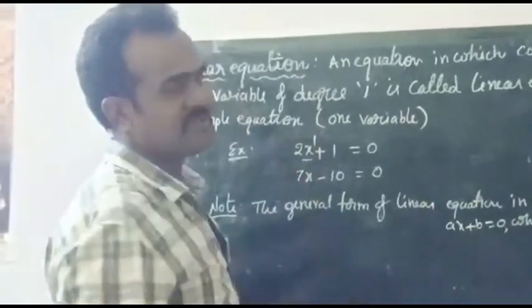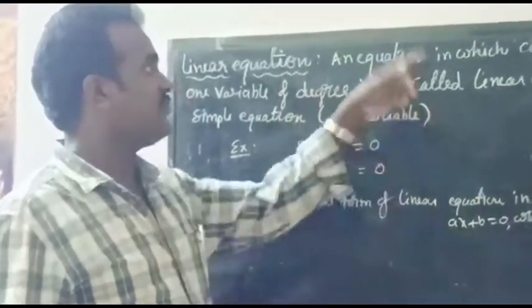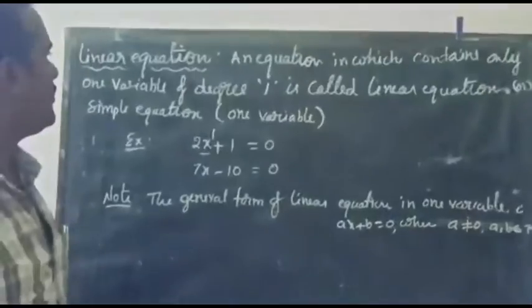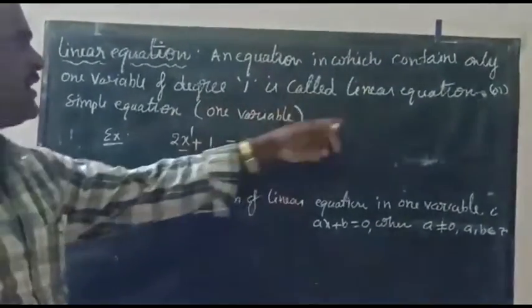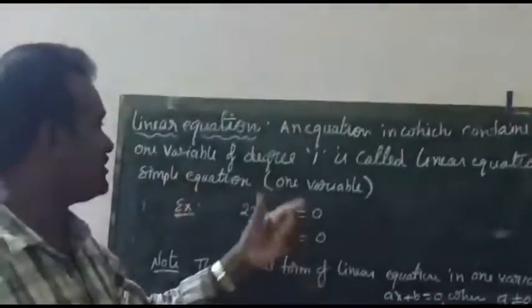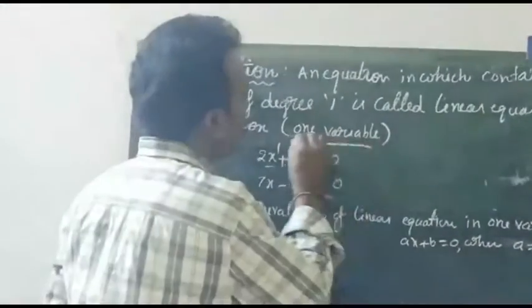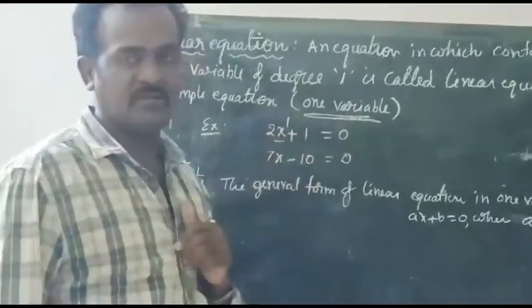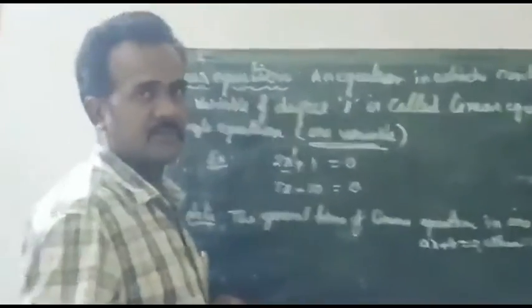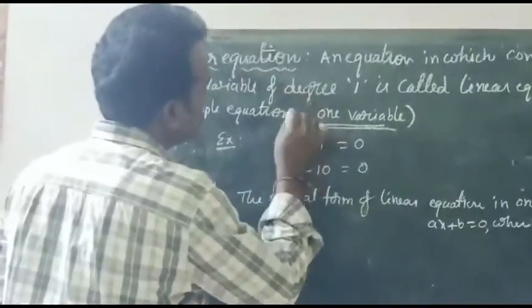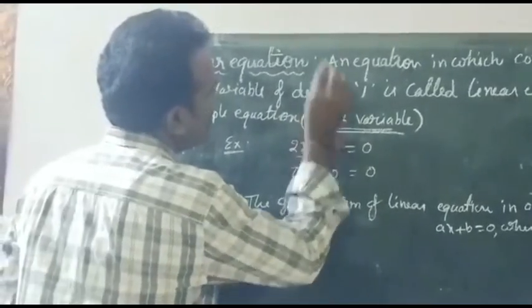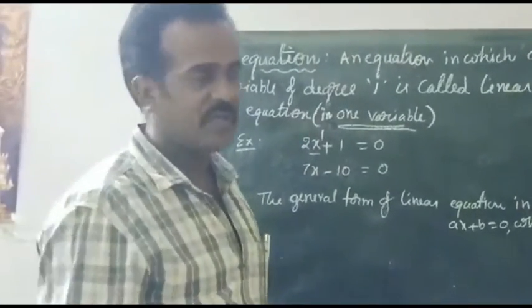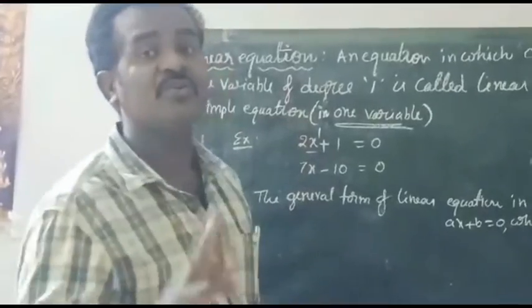This is called a linear equation in one variable. Next, linear equation in two variables.